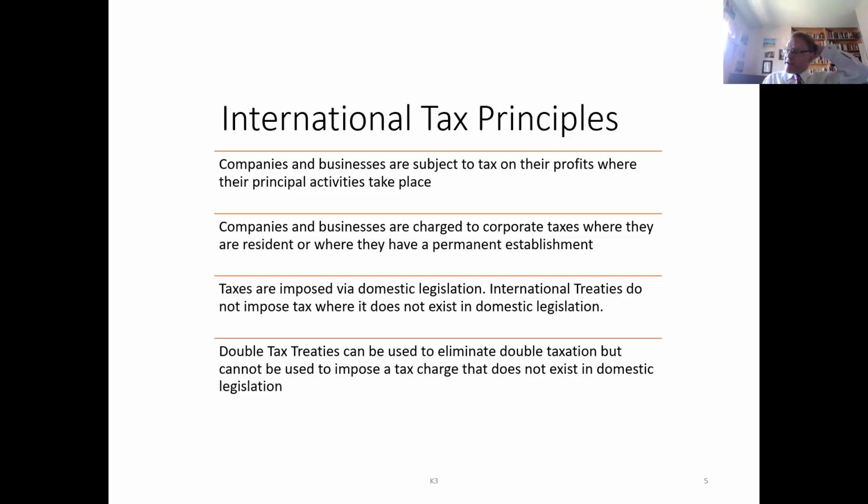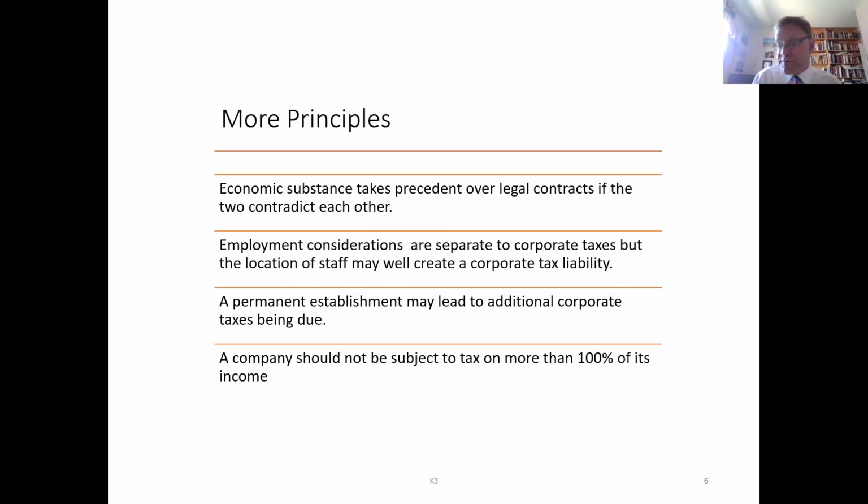So if domestic legislation doesn't impose a withholding tax, you don't actually have to look at the treaty. That's particularly important in terms of the UK, in terms of dividends, where generally speaking, there is no withholding tax on dividends. Other principles: economic substance takes precedence over legal contracts if the two contradict each other. Again, what is important is the reality of the position.